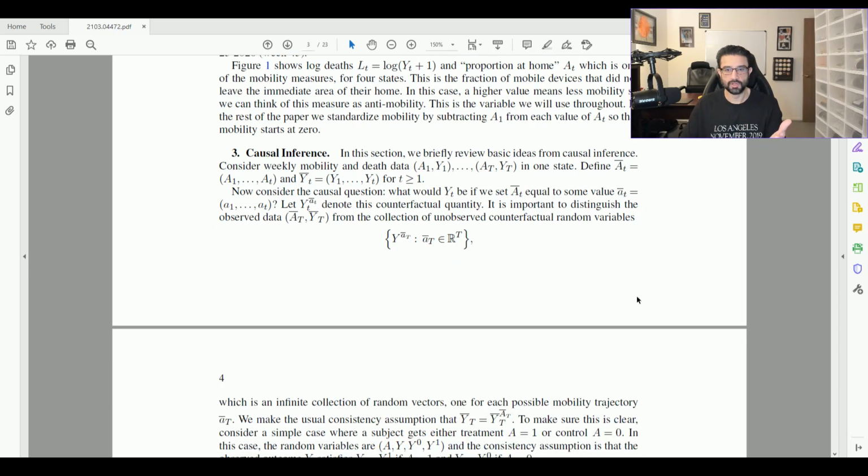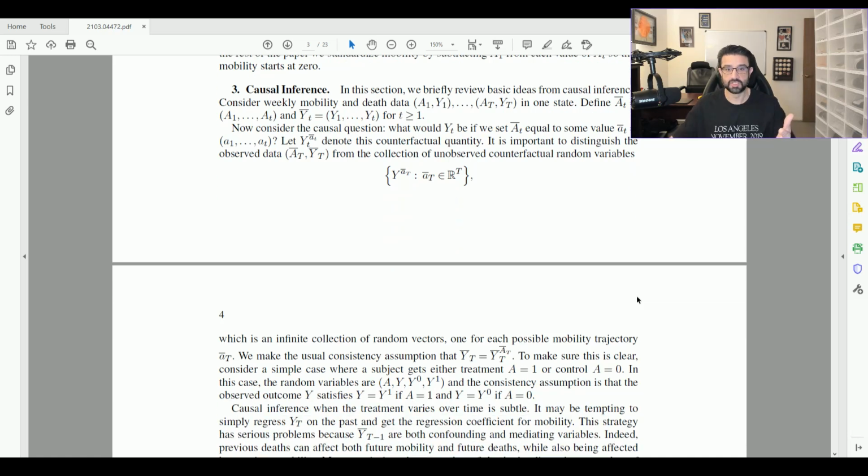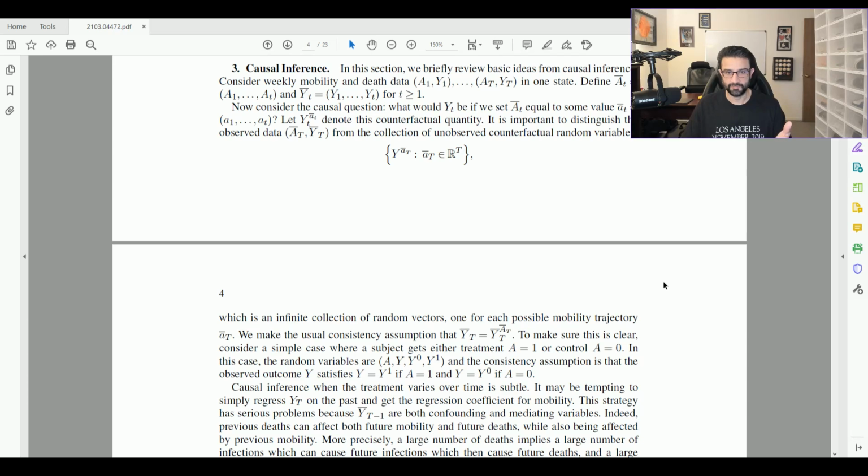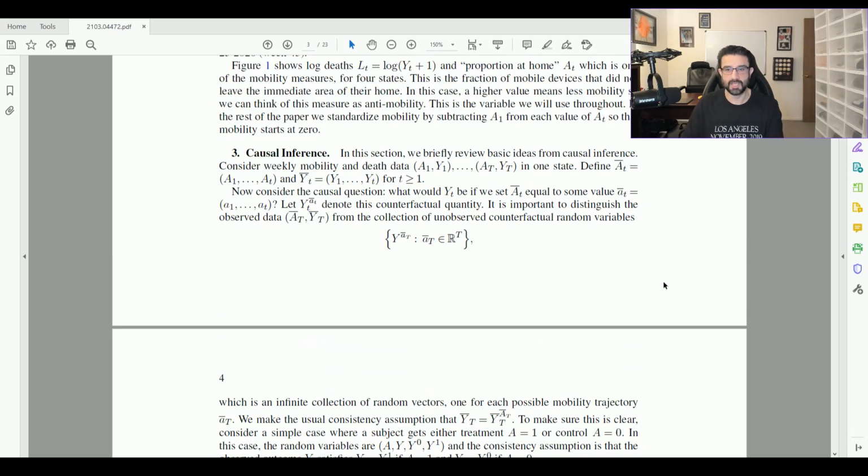Now, what are they going to do here? They are explaining their approach to causal inference. And if you don't understand what you're reading, and in many cases you'll get to this and say, this is simple math. However, you may be at an early stage in your career. You may be using papers like this to learn and to advance your knowledge within a particular space in the field.